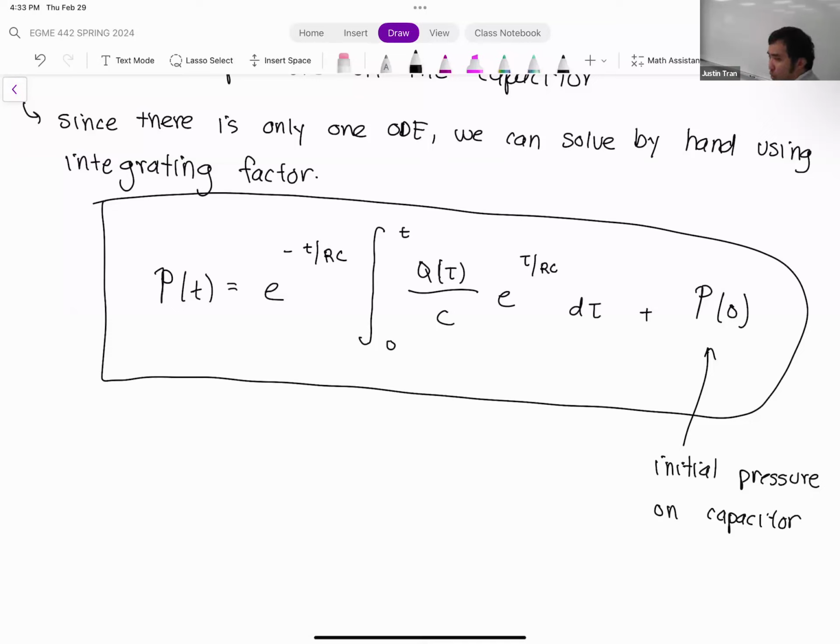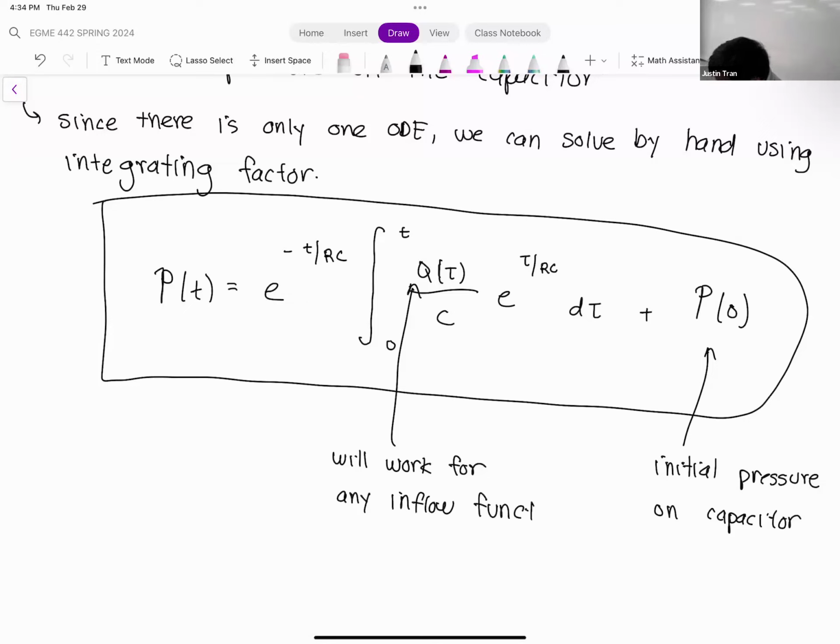And so no matter what your Q of t function is, whether it is a sine or a cosine or a polynomial or an exponential function for whatever reason, this solution will work. The only caveat, of course, is that you have to integrate it together with an exponential term, which may not be convenient or fun.